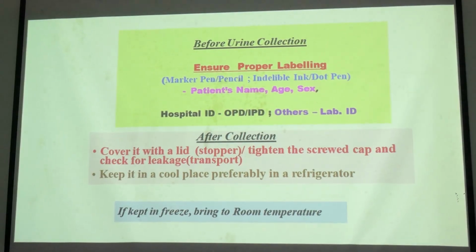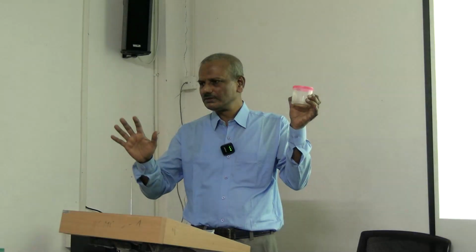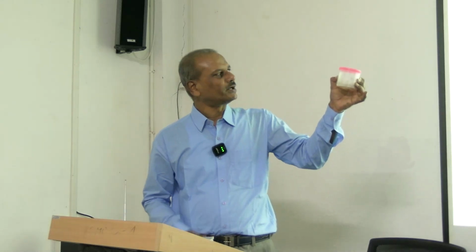Before urine collection, there will be several persons in a ward setting, so proper labeling is required. Whose urine is this? So that labeling, or in a blood sample, is very important.